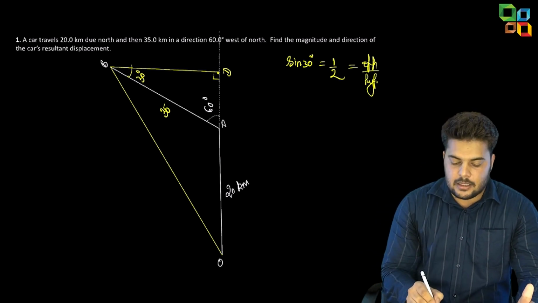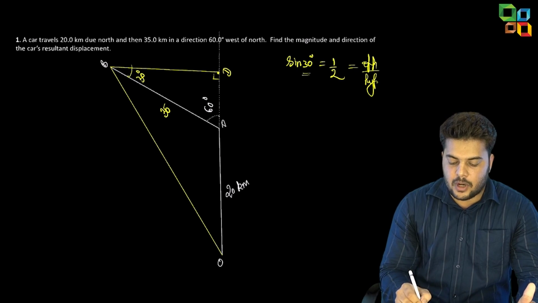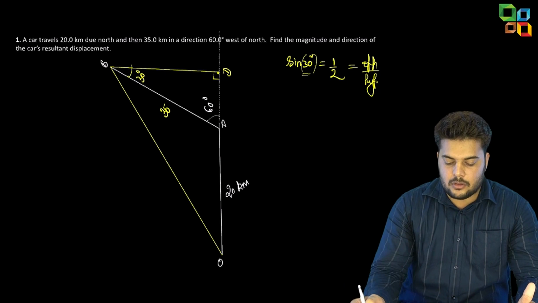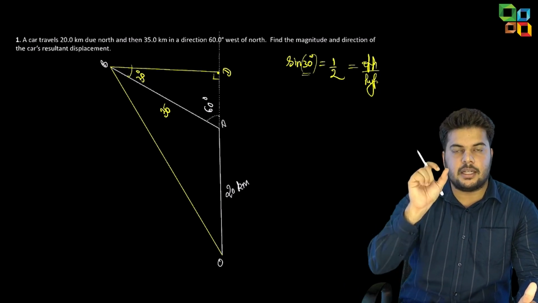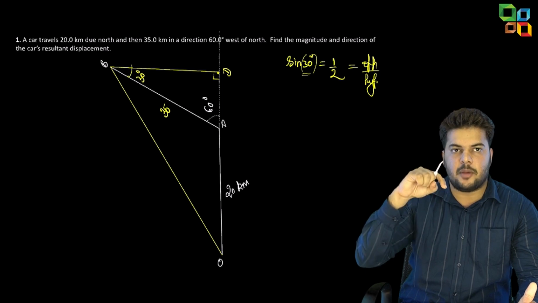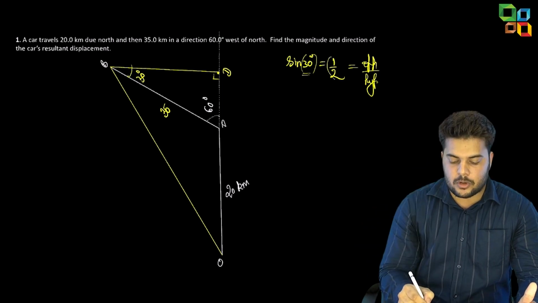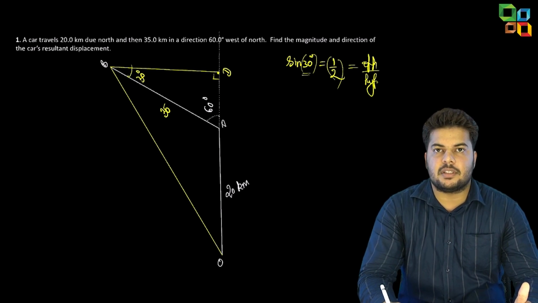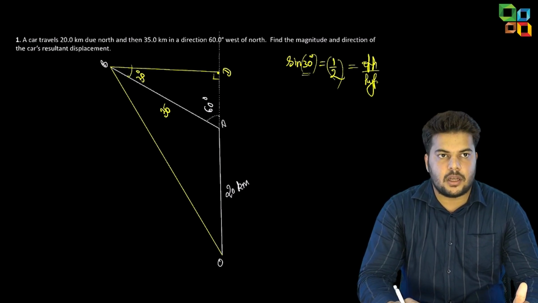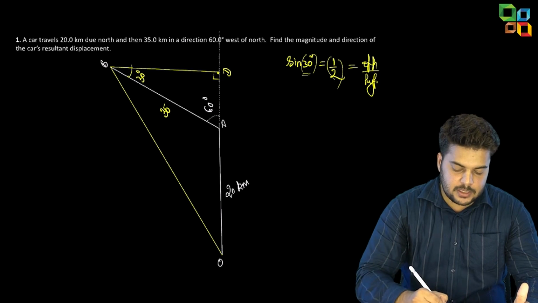So the opposite side to 30 degrees divided by the hypotenuse should be equal to 1 over 2. What that means is the opposite side to 30 degrees must be half of the hypotenuse. So the hypotenuse should be twice as big as the opposite side. Correct? So what can you say about this length AD?